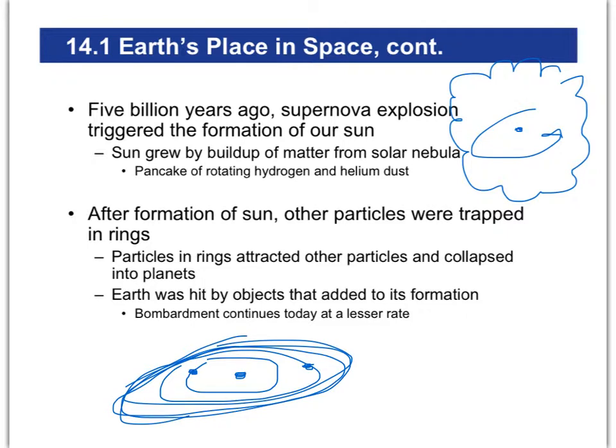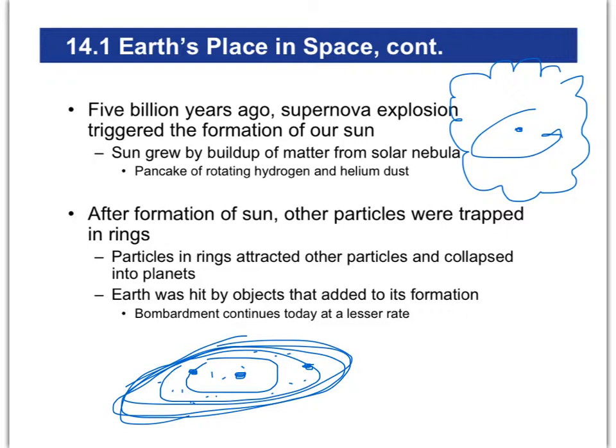And so even after the Earth was formed, according to this theory, you still have some other particles out there that have not quite yet been attracted to the Earth, and so the Earth is being bombarded by all this dust from this nebula.